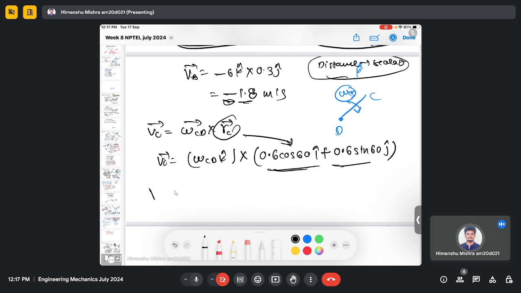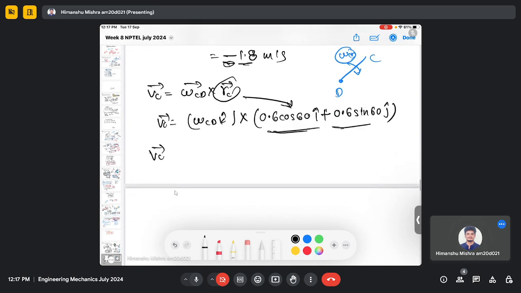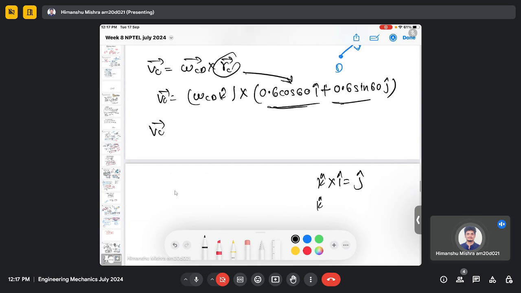So now I can write the velocity of point C. So as I said, if you take the cross product of k cap with i cap, you will get the resultant in the jth cap. If you take the cross product of k cap with j cap, you will get the resultant quantity in the i cap, or in the x direction. So if I take the cross product of this quantity with this one, I will get the quantity in the jth cap, or in the y direction.